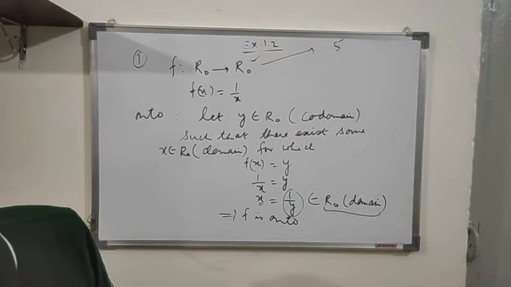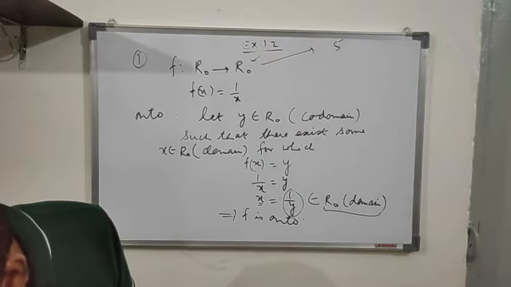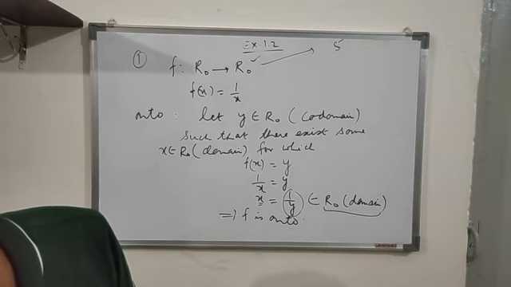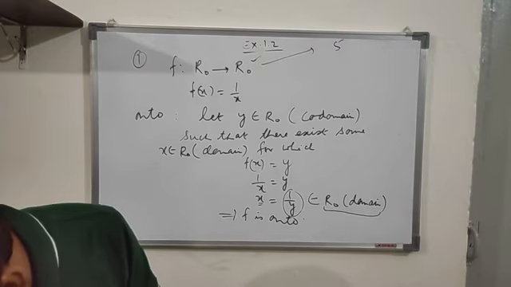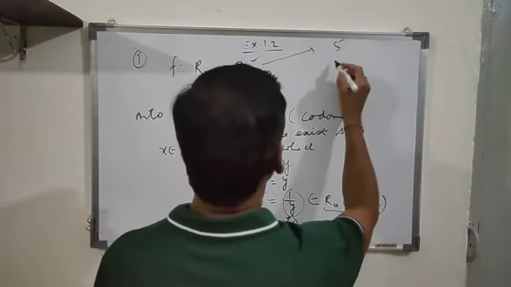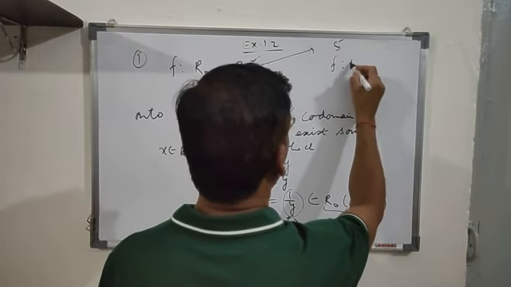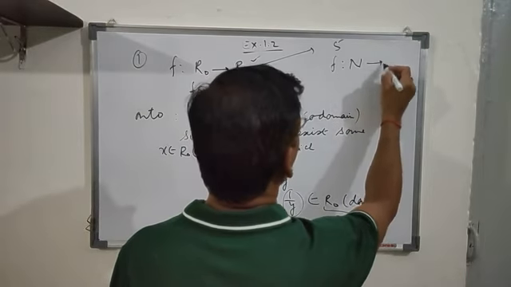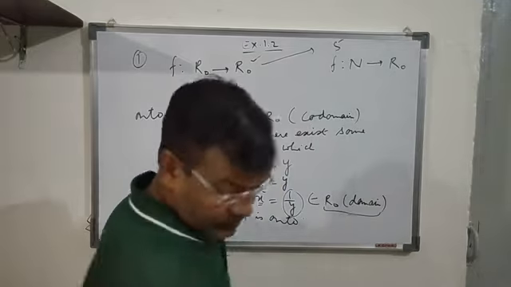The next question is whether the result is true if the domain is replaced by N, with the codomain being the same as R0. Suppose the domain is changed to N, and the codomain is the same as R0.